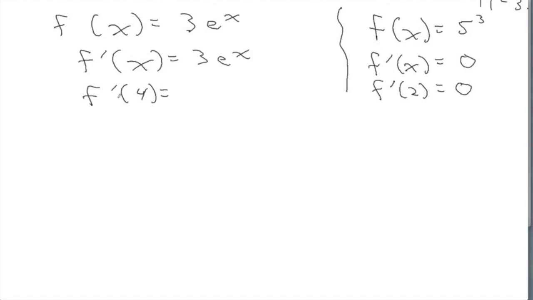So there's really a pretty straightforward way to evaluate this. Now that we know that f prime of x is 3 times e to the x, how would you figure out f prime of 4? 3 e to the 4th. That's right. Good. And then we should just use our normal method of plugging in. All right, good. So go ahead and work that out on your calculator.